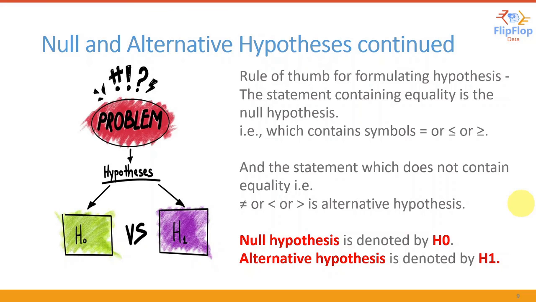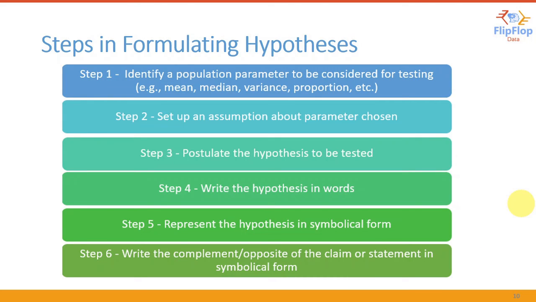So now, moving further, let me elaborate on the steps involved in postulating the hypothesis. First and foremost step is identifying the population parameter which we want to consider, that is mean, median, variance, proportion, anything, and set up an assumption about them.